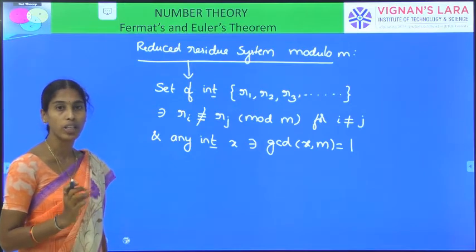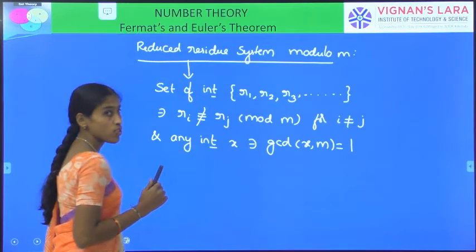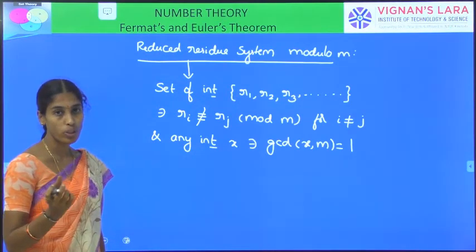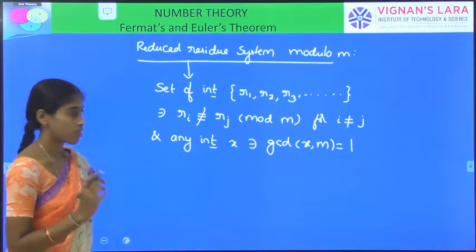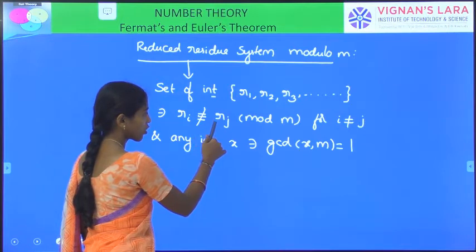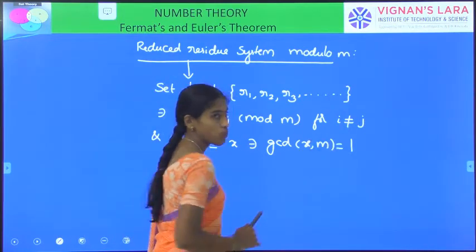of a set of integers R1, R2, R3 and so on, such that no two Ri's are congruent modulo m. If we consider Ri and Rj, Ri is not congruent to Rj modulo m for i not equal to j.